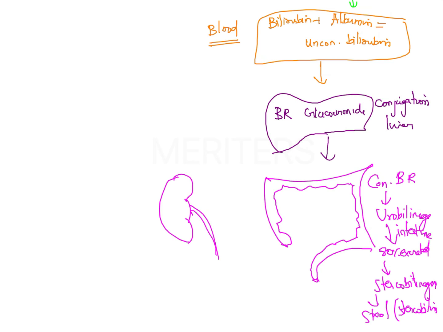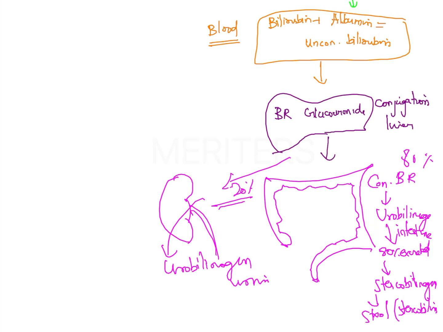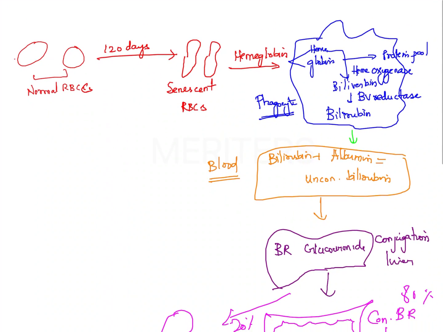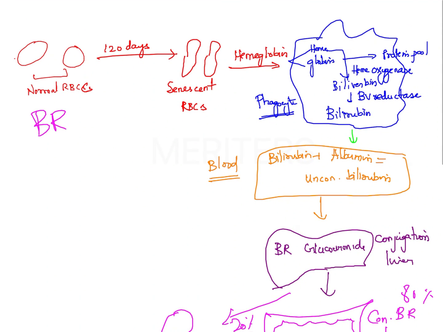The rest 20% acts on the kidney. 20% of the urobilinogen formed in the intestine is reabsorbed and excreted as urobilinogen in urine. This is bilirubin metabolism, one thing that you have to understand.